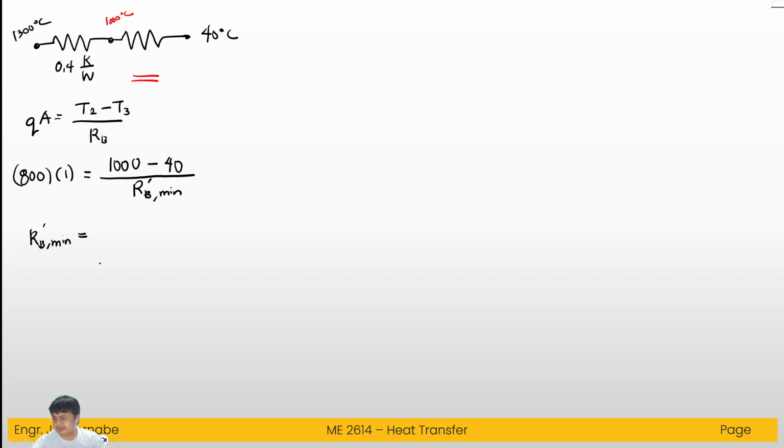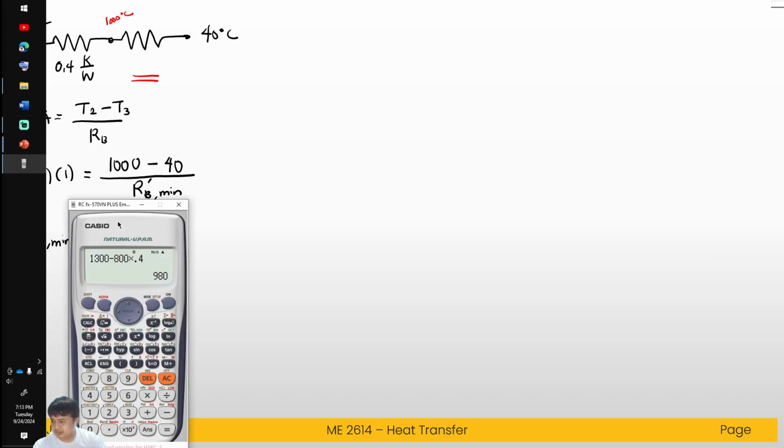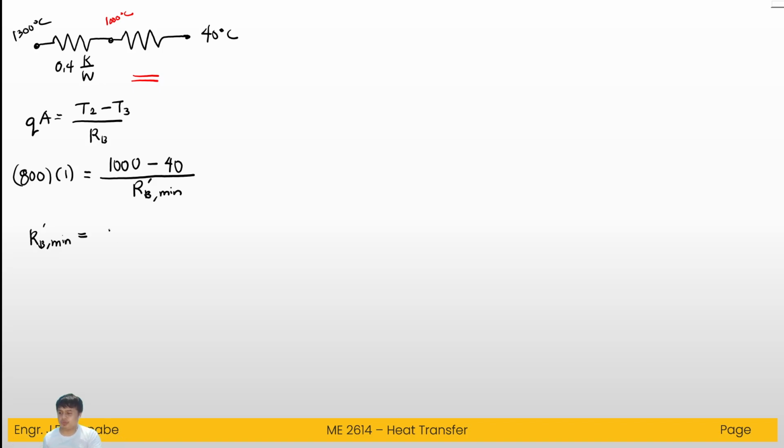So you can have an answer here to the RB min. So you have, what is the value of this? So you have 1000 minus 40 over 800. So we have 1.2 Kelvin per watt that you need to be able to reach 40 degrees Celsius from 1000 degrees.